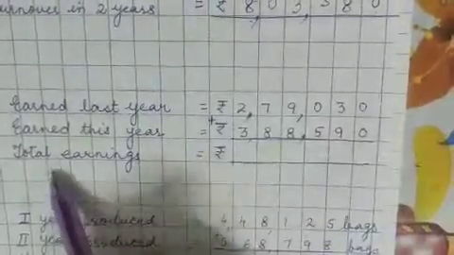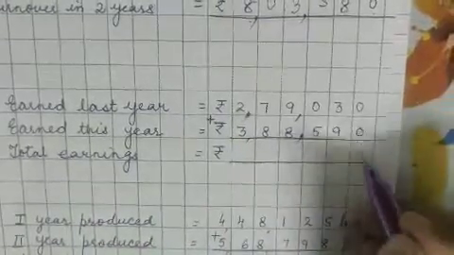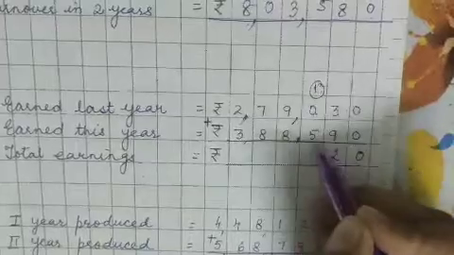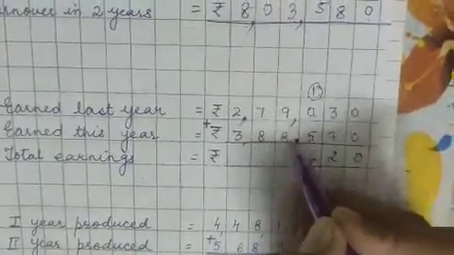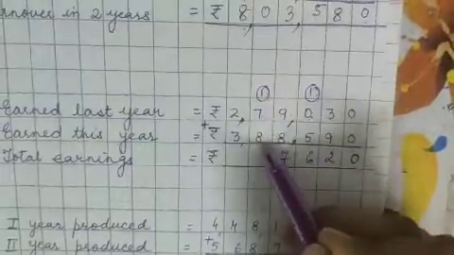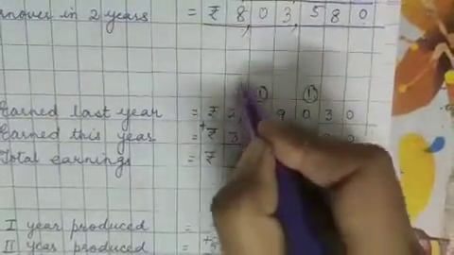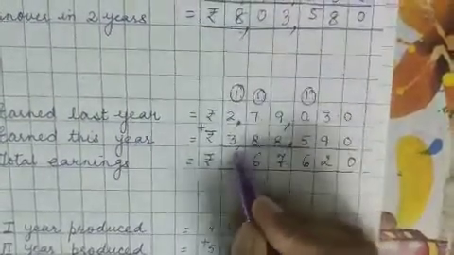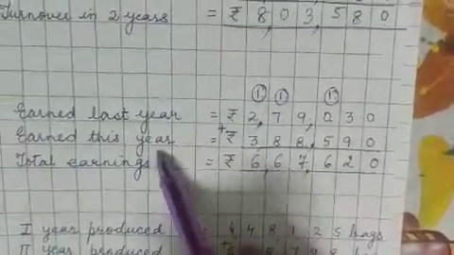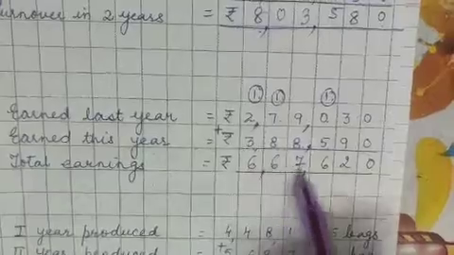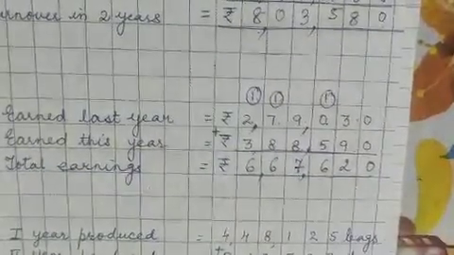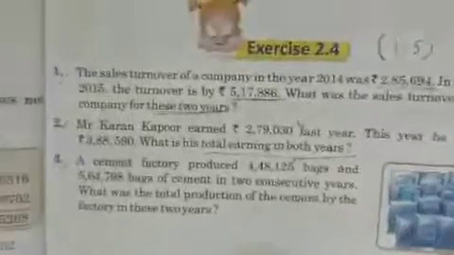Now for the total earning, we will add it. 0 plus 0, 0, 3 plus 9, 12, 2, 1 carry over. 1 plus 0, 1, 1 plus 5, 6, 9 plus 8, 17, this is 7, 1 carry over. 1 plus 7, 8, 8 plus 8, 16, 6, 1 carry over. 1 plus 2, 3, 3 plus 3, 6. So the total earning in these 2 years, last year and this year, is 6,67,620.